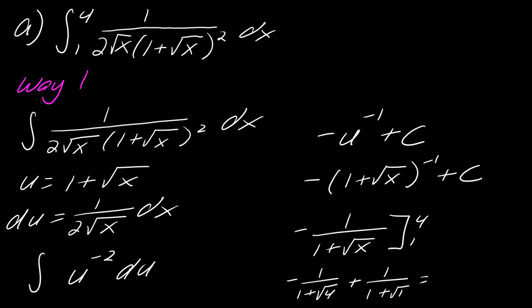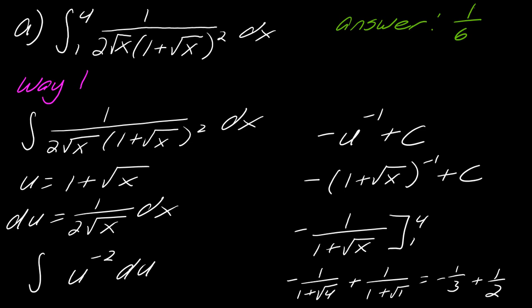So this comes out to negative 1/3 plus 1/2. So my answer in this case came out to 1 over 6. Okay, so that's the first way that you could do this.